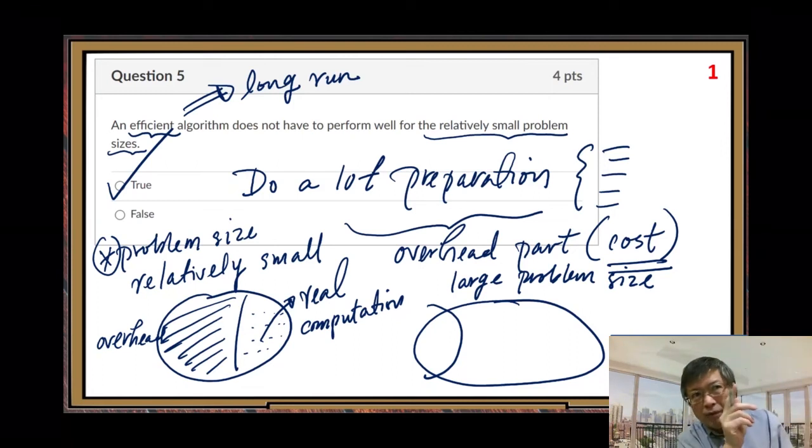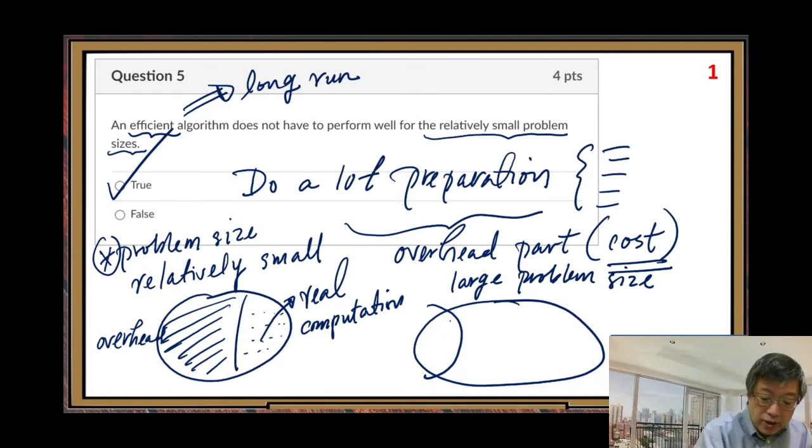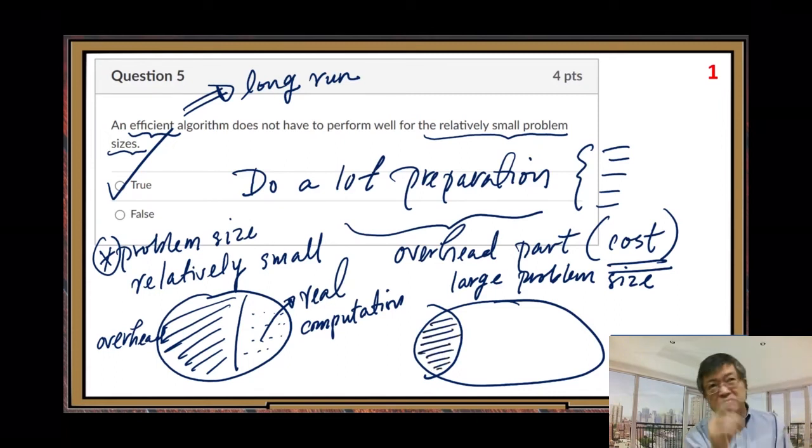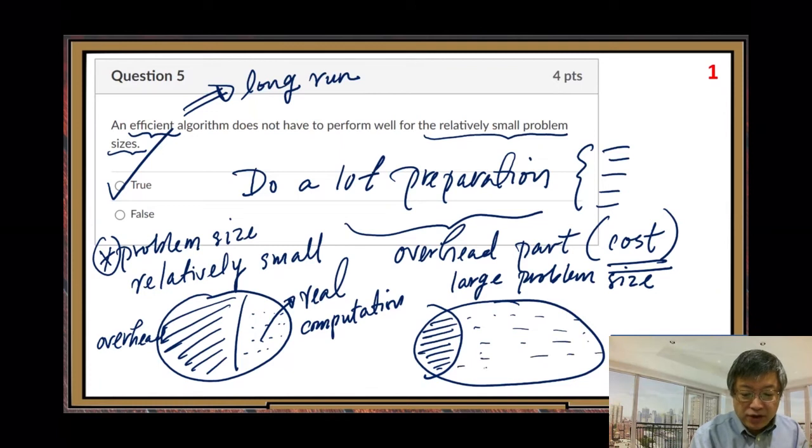Maybe slightly more, but not significantly more. As a percentage, this portion, then the remaining, most of the execution time, is for the real computation part.